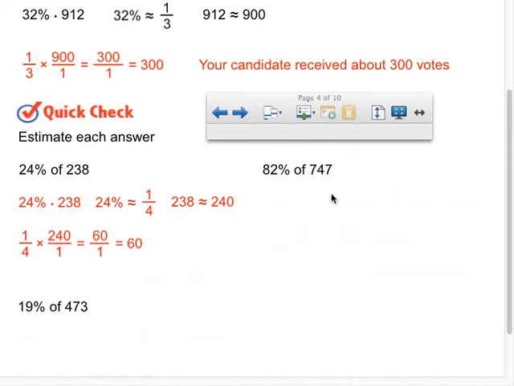Okay, so who can give me this next one? 82% of 747. So 82%, what is that close to? 80, right? And then 747, what is that close to? 750? I heard 750. I agree. So 8/10, 750. 750 is nice because 50 ends in 0, and I can get rid of the 0 by that 10, right? So here's what we got. And that is a typo.